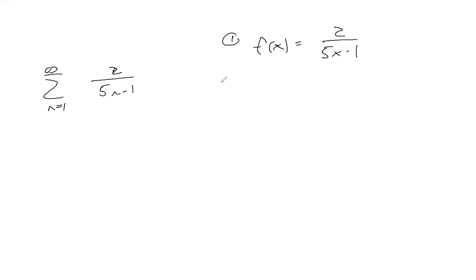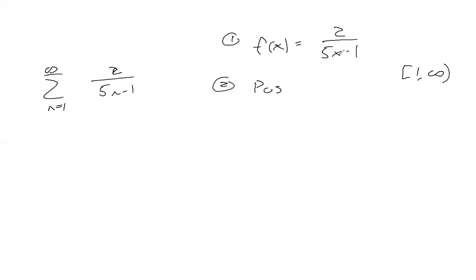Second step, I need to check all my criteria. Is my f positive? Remember, I'm focused on the interval 1 to infinity. Even if I'm subtracting 1, I'm starting at 1, so I plug in 1 here, I get 5 minus 1, that's 4.